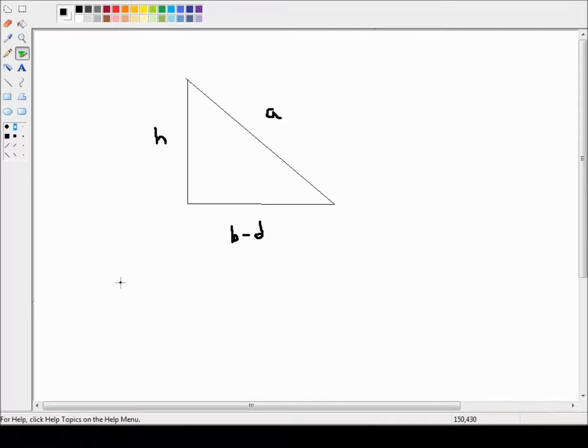So Pythagoras' theorem will say that if this is a triangle where one of the lengths is h, the other is b minus d, and the hypotenuse is a, then the square of the hypotenuse is equal to the sum of the square of the other two sides. So that's h squared plus, and this is our b minus d, all squared.